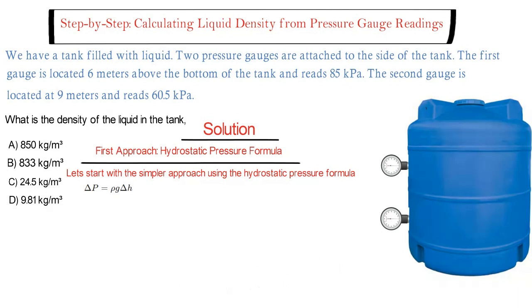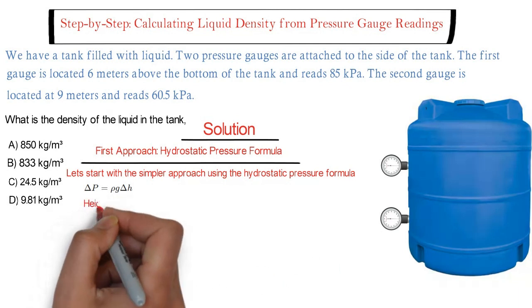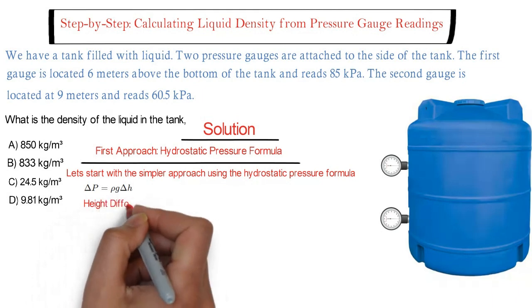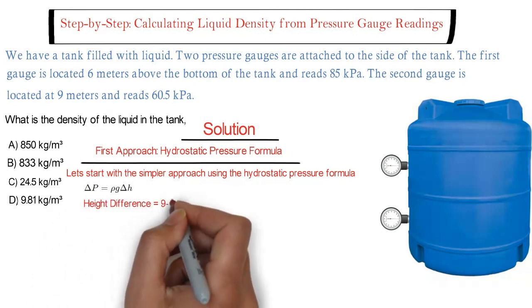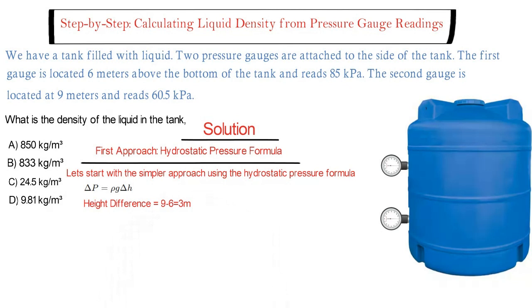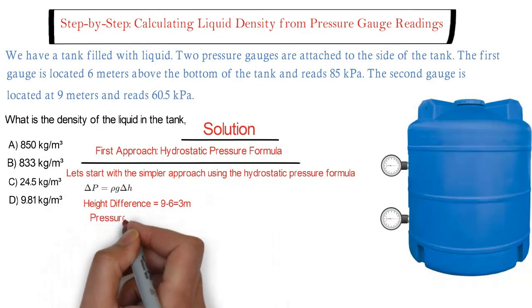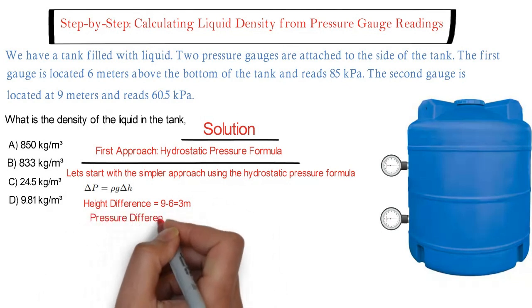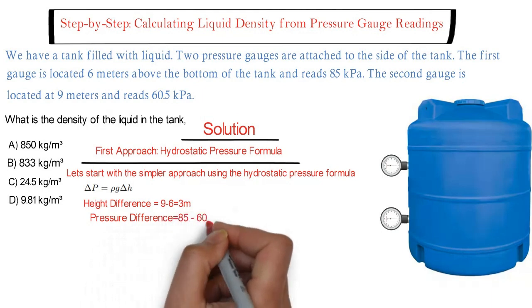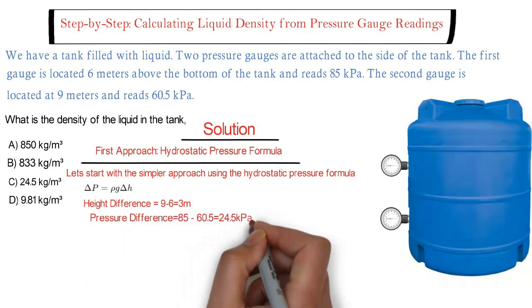First of all, we calculate the height difference, delta H equals 9 minus 6 equals 3 meters, and the pressure difference delta P equals 85 minus 60.5, which is equal to 24.5 kilopascal.